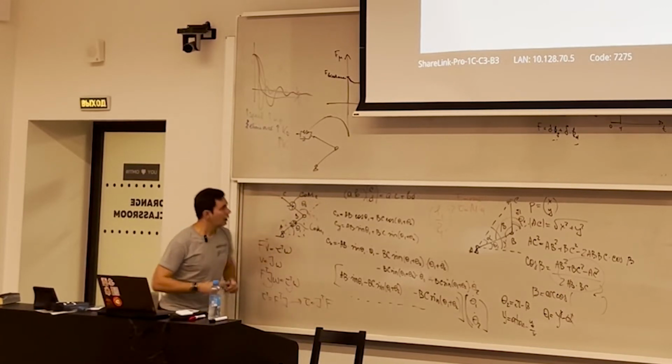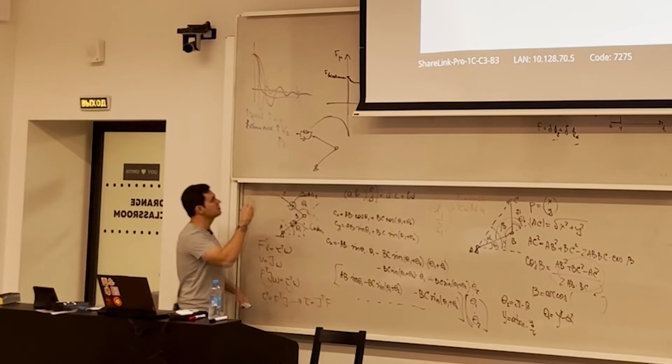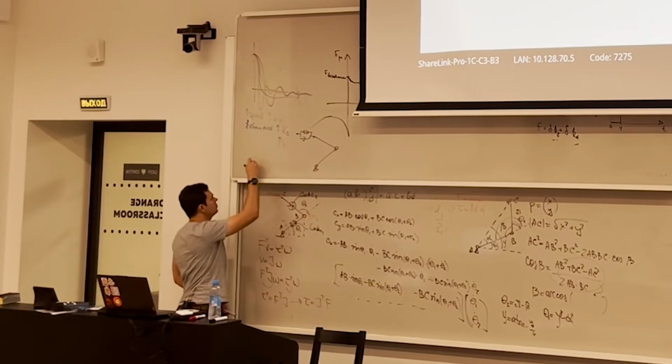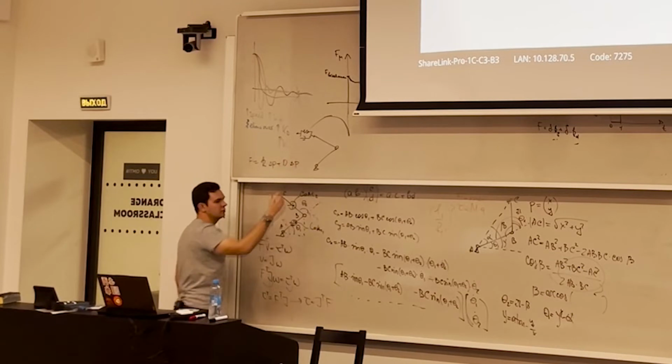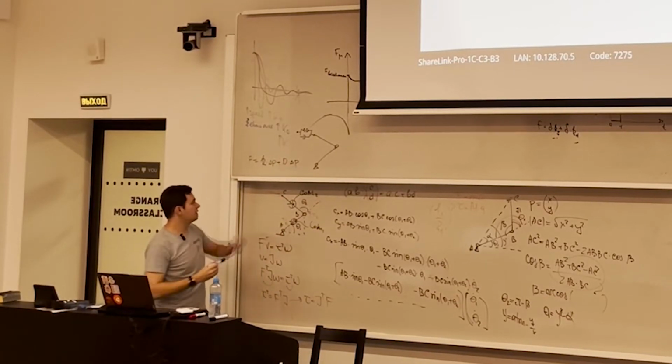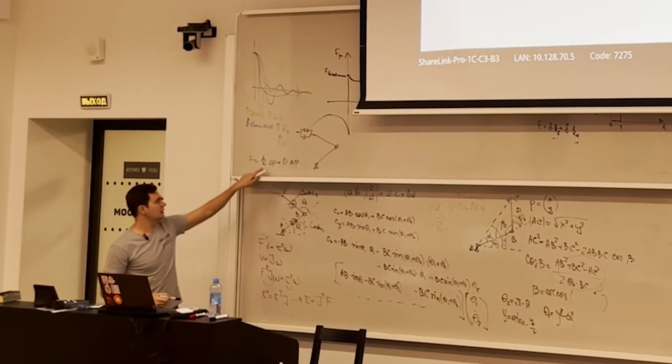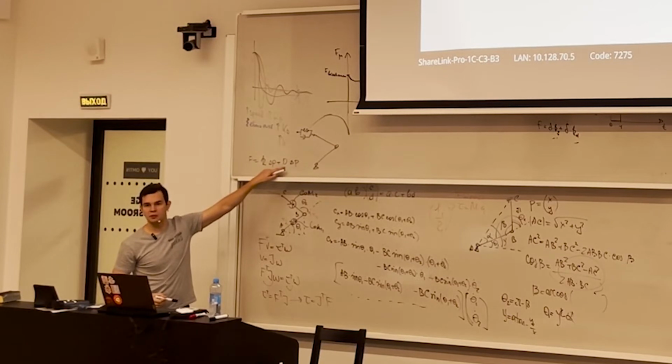And we can say that this force for the impedance can be calculated as the coefficient of stiffness times the error in position plus damping times delta p, pretty much the same equation. But here it will be a vector, and k and d will be matrices. It's not a scalar anymore.